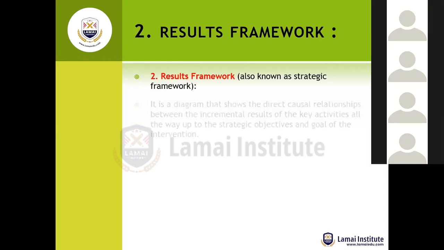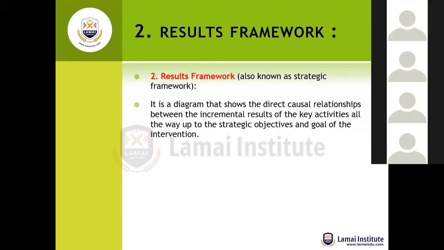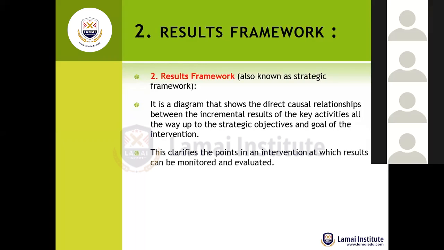This is basically a diagram that shows the direct causal relationships between incremental results of the key activities all the way to the strategic objectives and the strategic goals of the intervention.